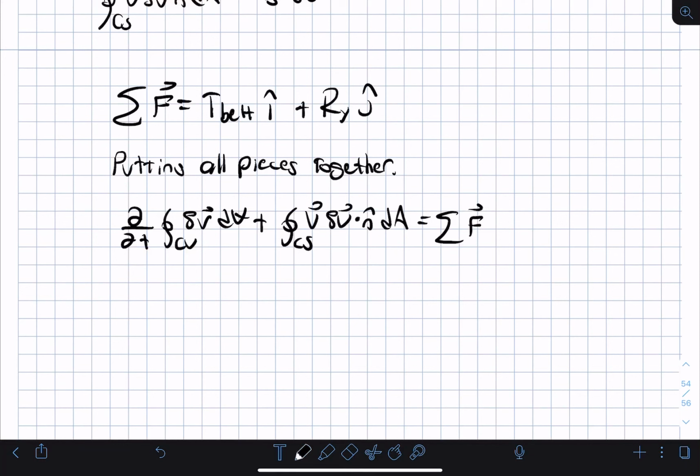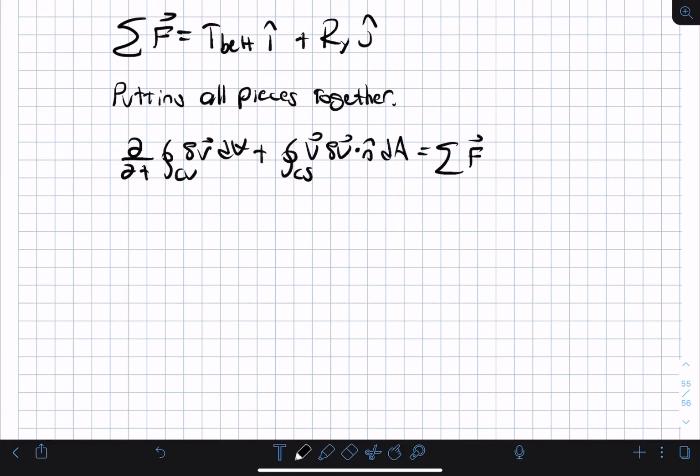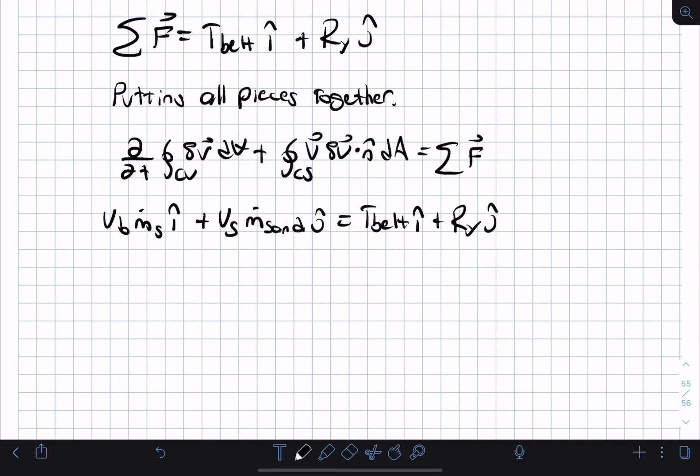And so we can basically substitute in our result. We had that this volume integral here turned into the belt velocity times the mass rate of the sand falling through. That acted in the i hat direction, plus the surface integral term, and that was the velocity of the sand falling down through the control surface times the mass rate of the sand in the j hat direction, and that is equal to the belt tension in the i hat direction plus the reaction force needed to keep the sand from falling through in the j hat direction.